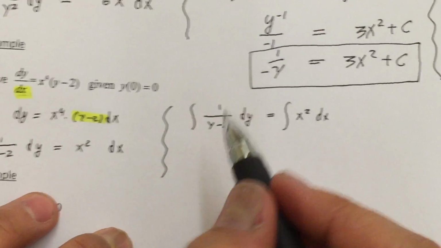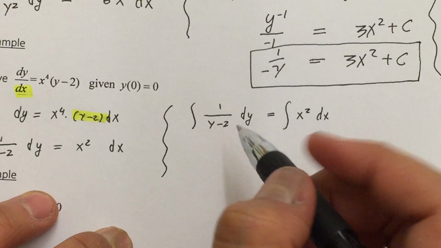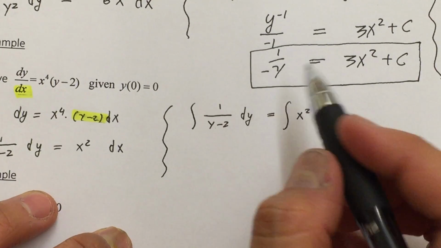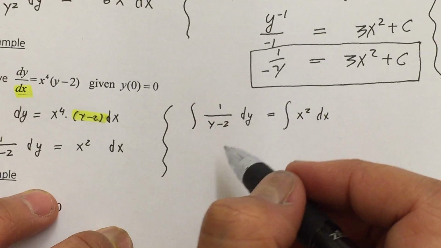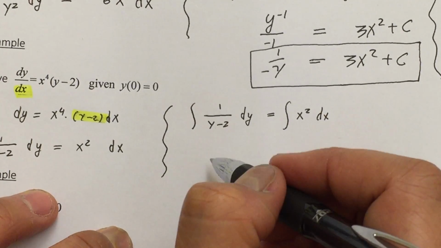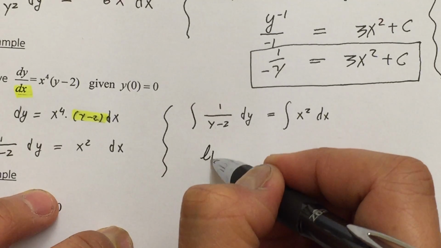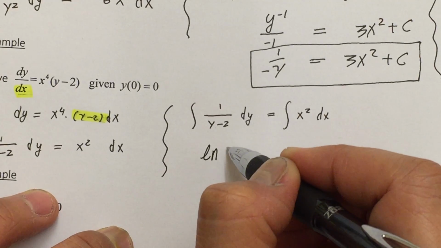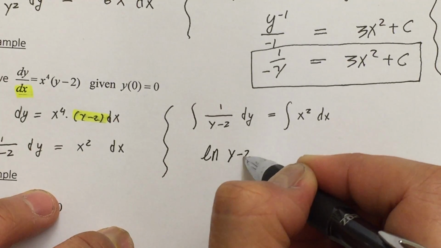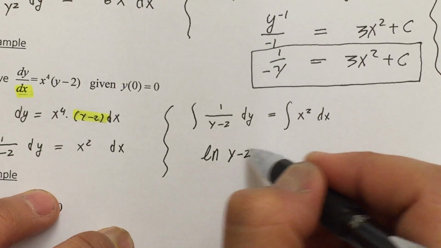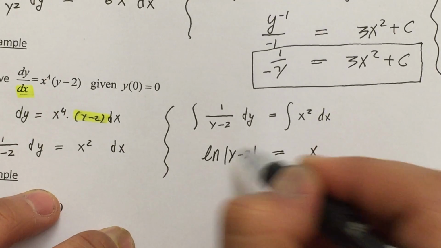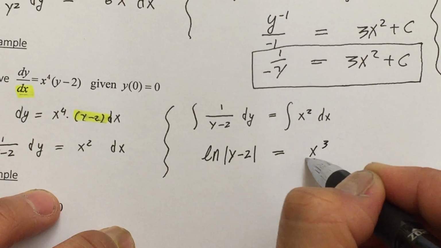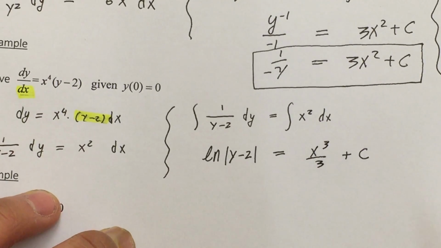Now when I integrate the left side, if you like, you can use u substitution, but after you have done it correctly, you will get ln of y minus 2 equal to x to the third over 3 plus c.